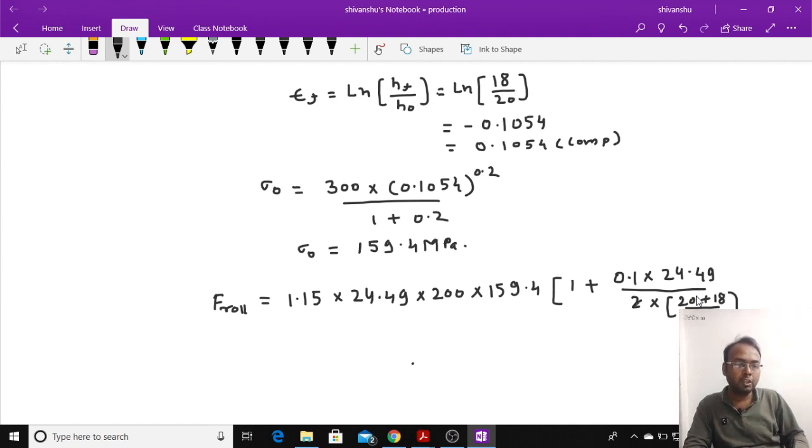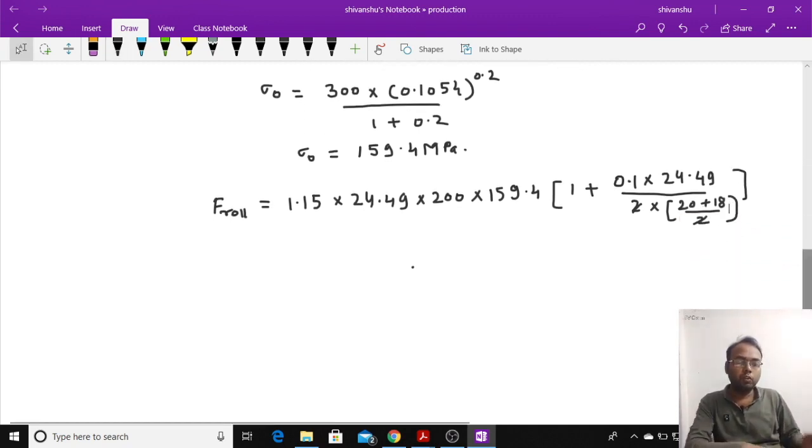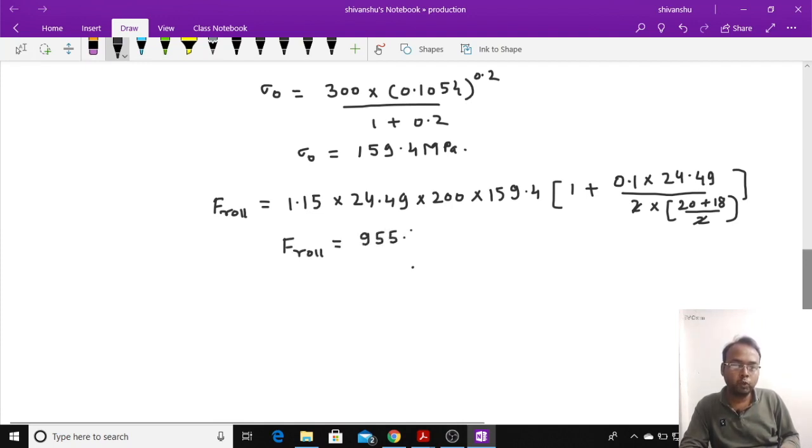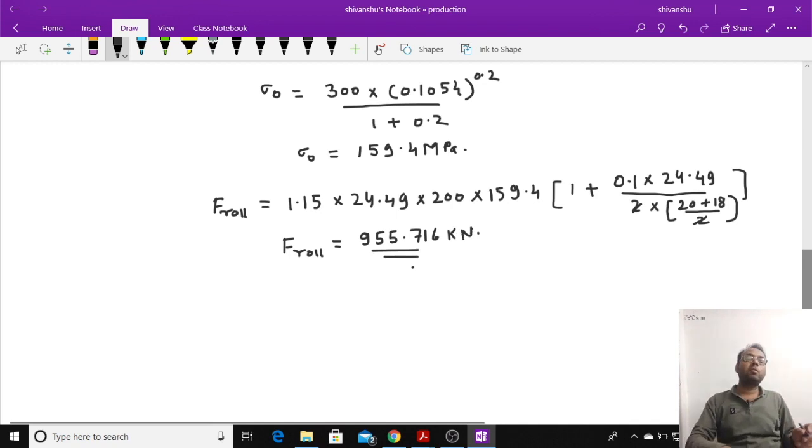The 2 will be cancelled out. And finally when we solve this equation, we get the value of roll force. F roll is equal to 955.716 kilonewton. So this is our final answer for this question.